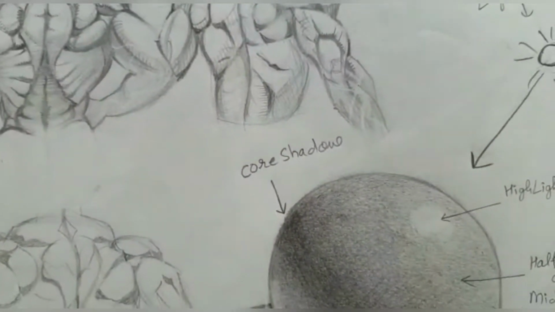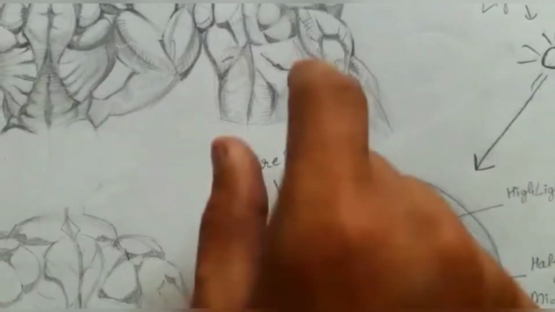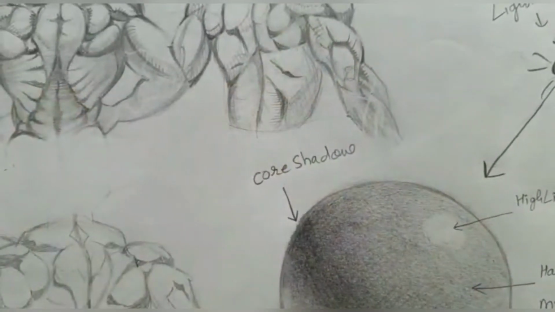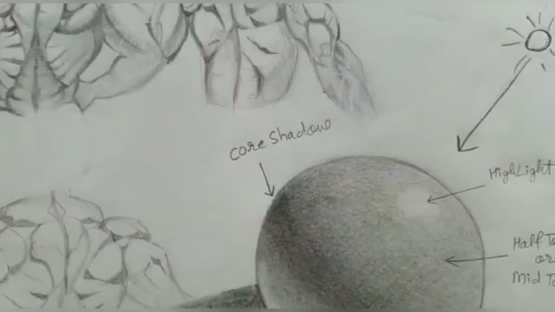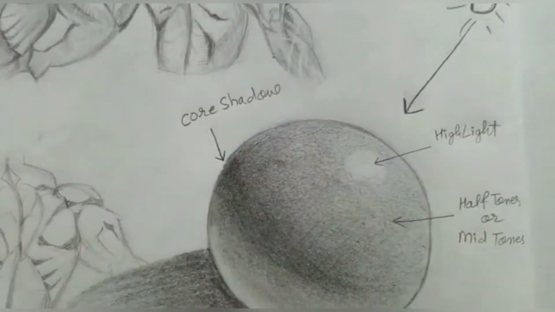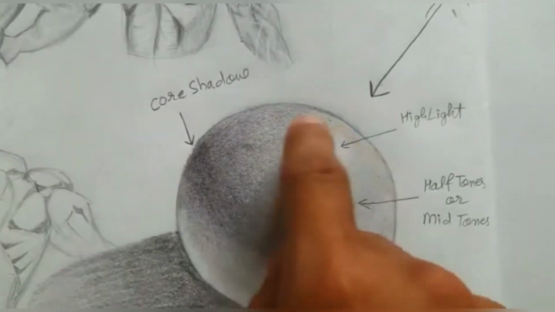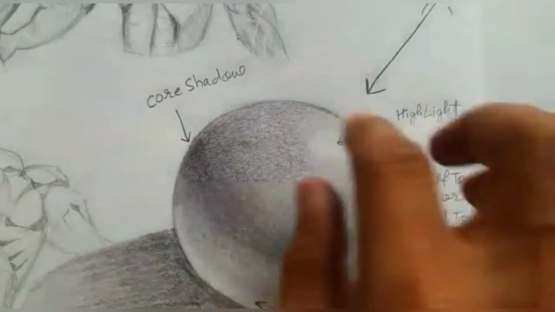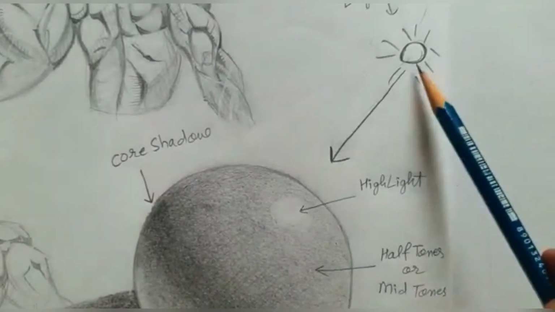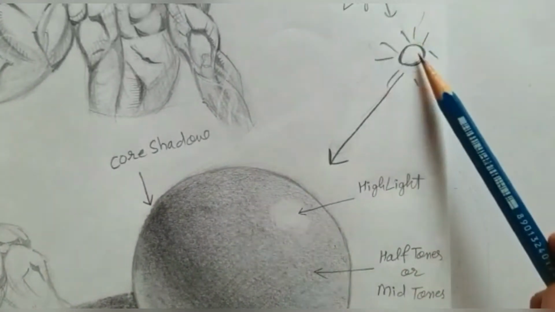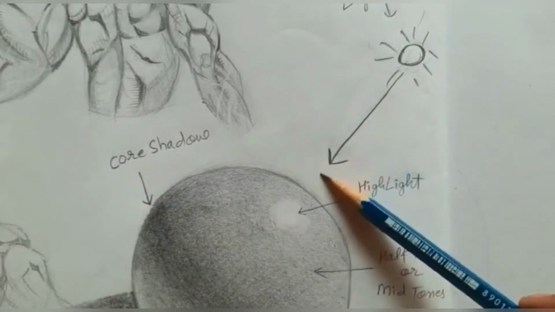We will talk about every single thing, and the muscle groups and anatomy we will talk about later. Okay, I have drawn this sphere with my own hands, and this is the light source. The light is coming from here.